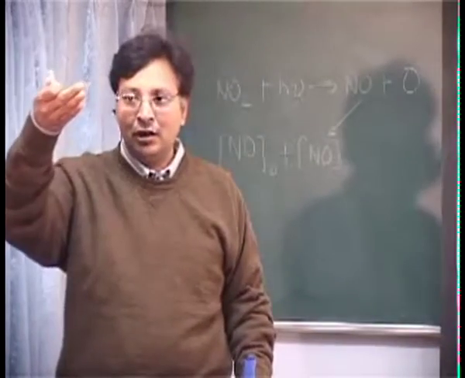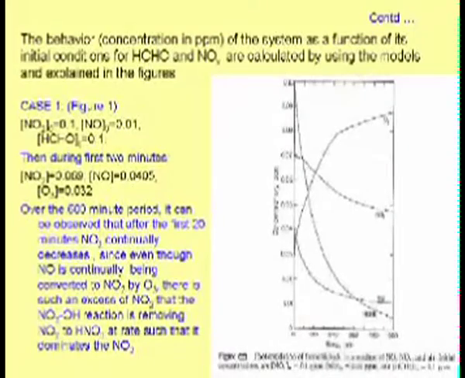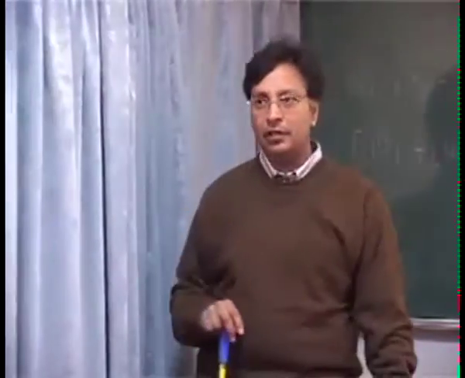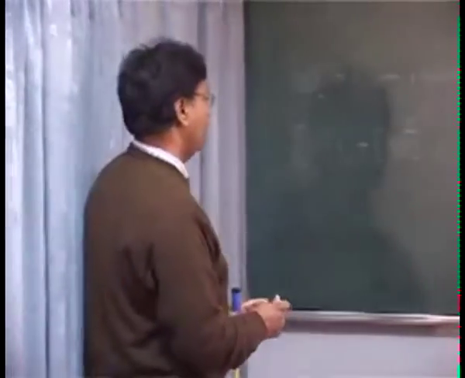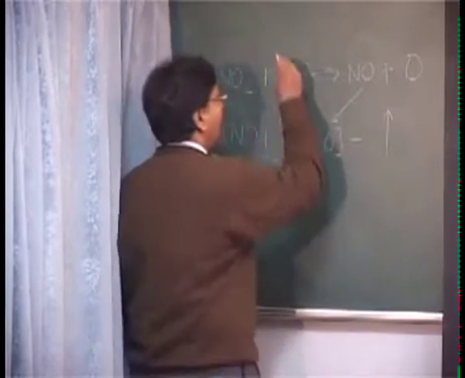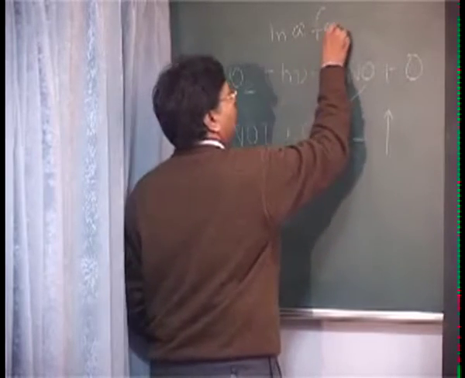The NO level will rise. You started NO with 0.01 somewhere here, and within seconds it went to 0.045. It just takes off from here and shoots up to 0.04. Clear? We have the reason why it should be so. So it goes up, all happening in a few seconds.